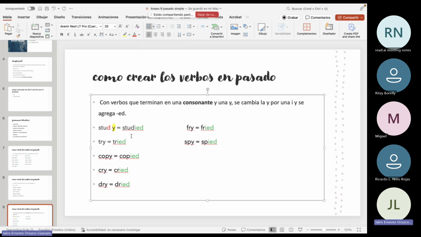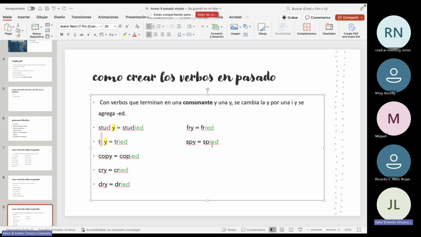So we change it to studied. Try also ends with a Y, and before the Y, we have an R, which is a consonant, right? So we change it to tried. Copy, copied; cry, cried; dry, dried; fry, fried; spy, spied, right?